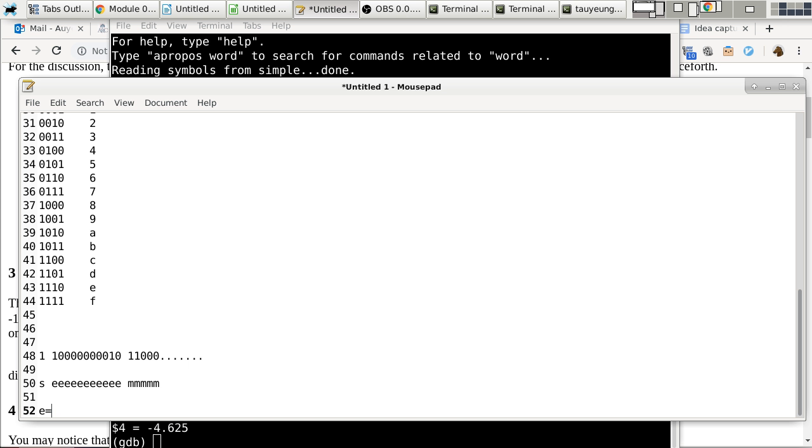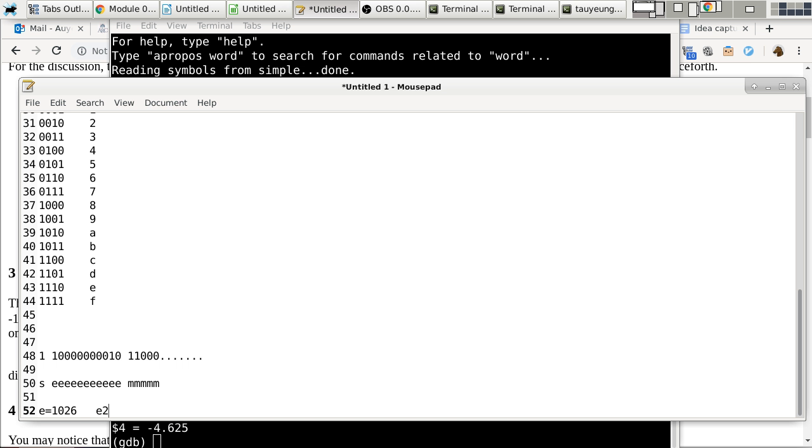We have to change it back to decimal. 1026. Very good. So E is 1026 because we have no 1, we got a 2, and so on. We have 1024, and 1024 plus 2 is 1026.